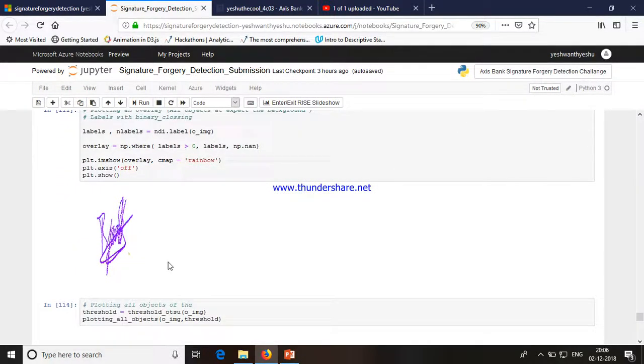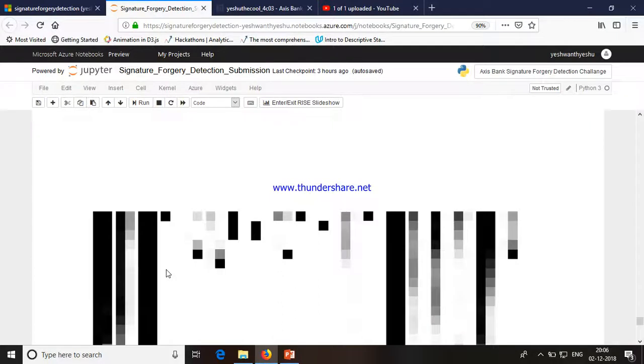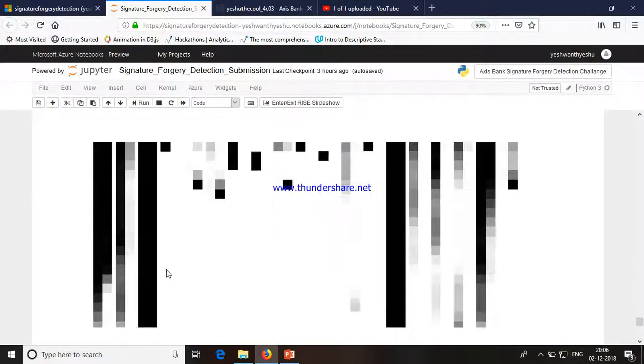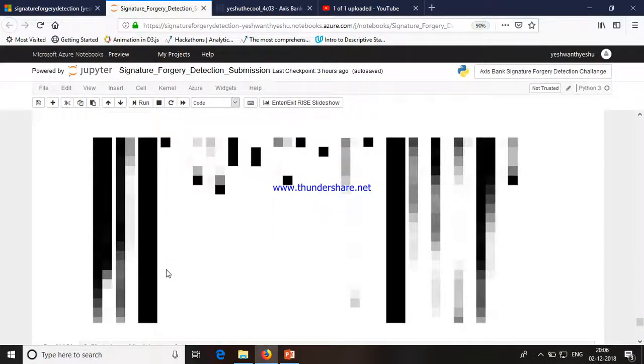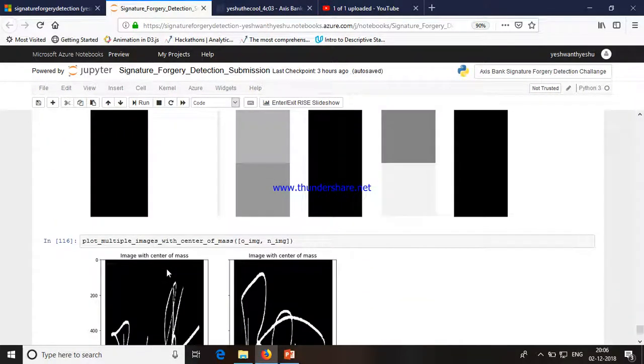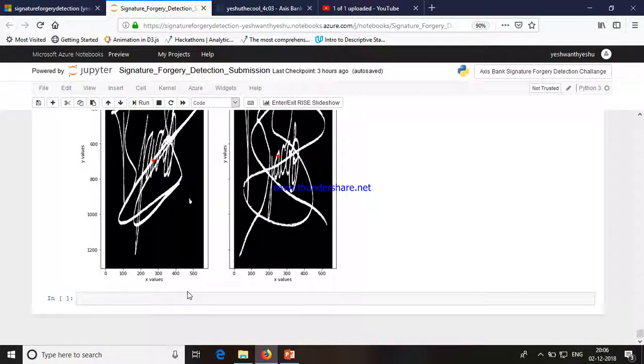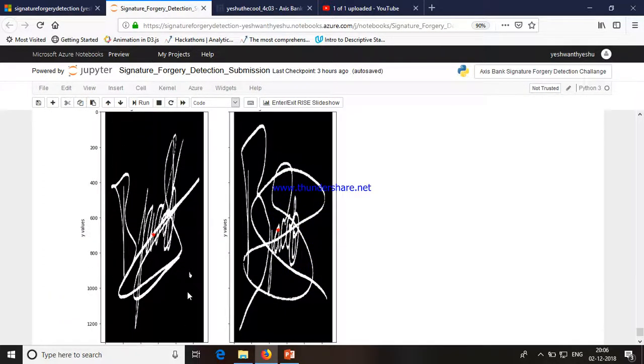Then I made a step which extracts the signature from its background, and plotted all the different objects our model has extracted in the images. And at the last I have even plotted our images along with their centers of mass. So thank you.